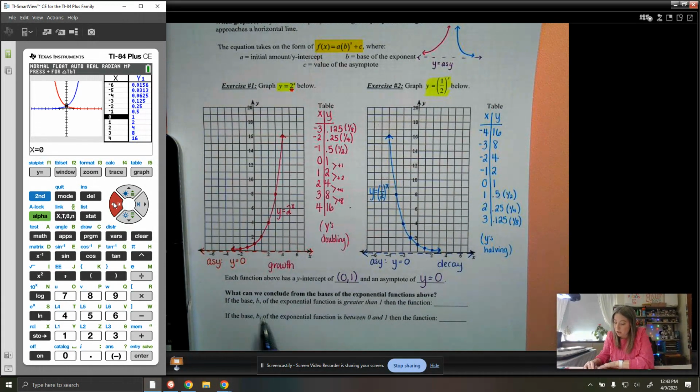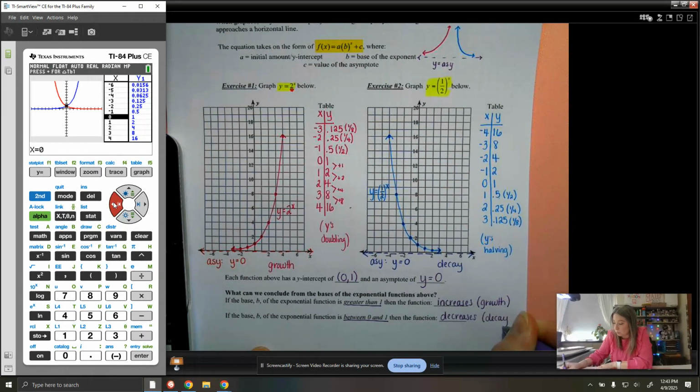All right, if the base of the exponential function is greater than 1, then the function increases. That's growth. If the base of the function is between 0 and 1, then the function decreases, and that is what we call decay.